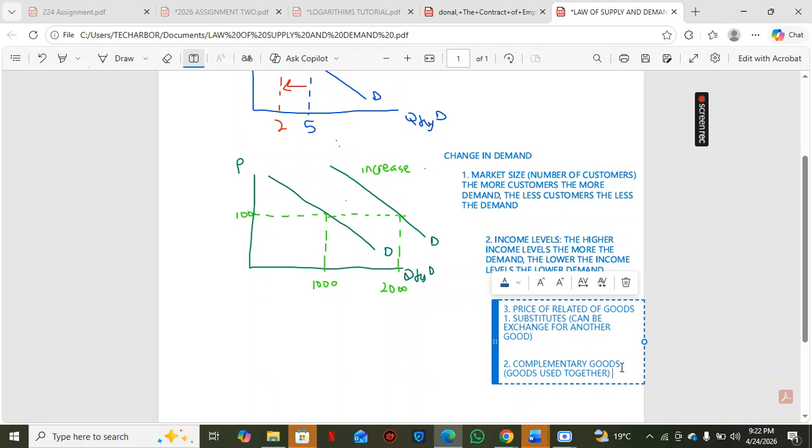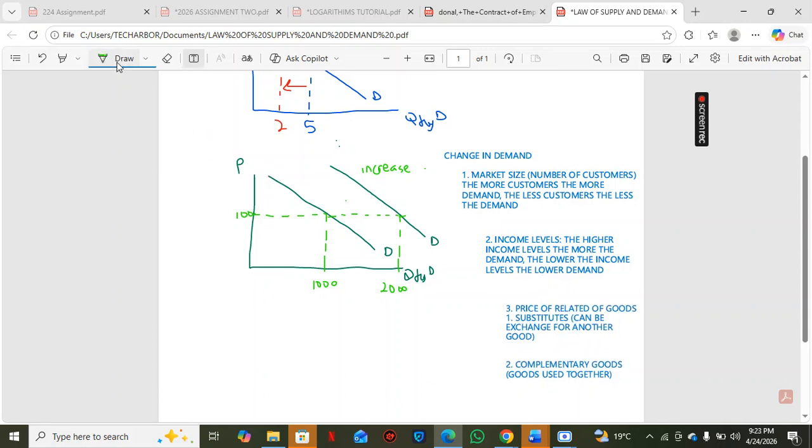Okay. Now here, this is where you need to pay a bit more attention because you are going to be questioned a lot on these ones. Let's start with substitute goods. Let's say we have Coca-Cola and Pepsi here.